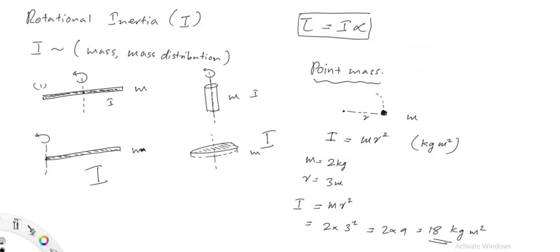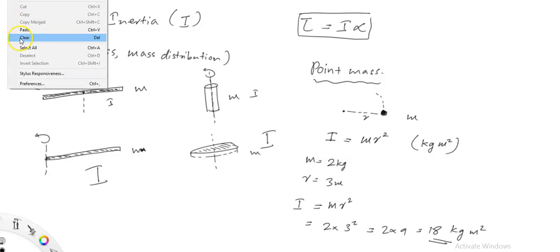Alright, so let me erase this. Okay, so rotational inertia. Let's make a table. Now we know that the simplest case, a point mass, around some given point r, is m r squared.